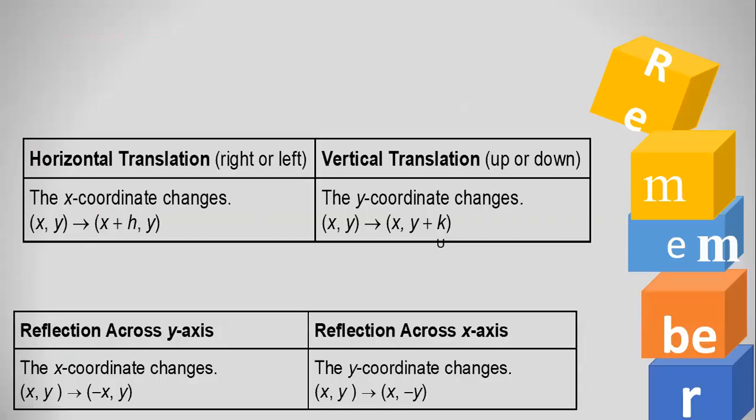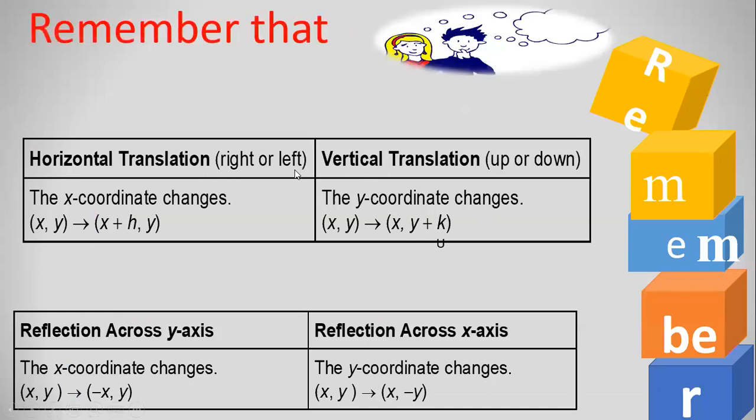Now I will make a summarization for lesson 1, part 1. We studied the first idea, horizontal translation and vertical translation. Horizontal translation means moving right or left. Okay, vertical translation means moving up or down.